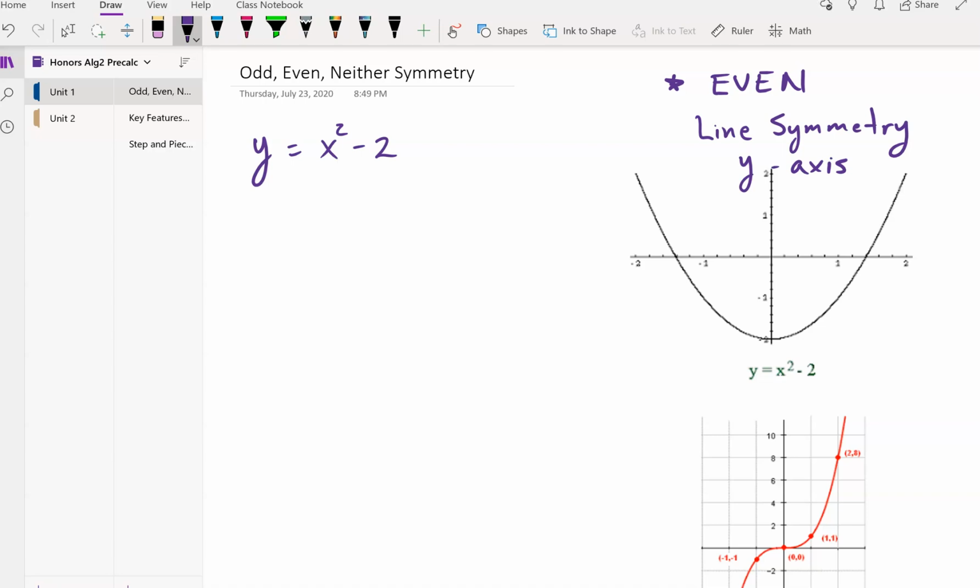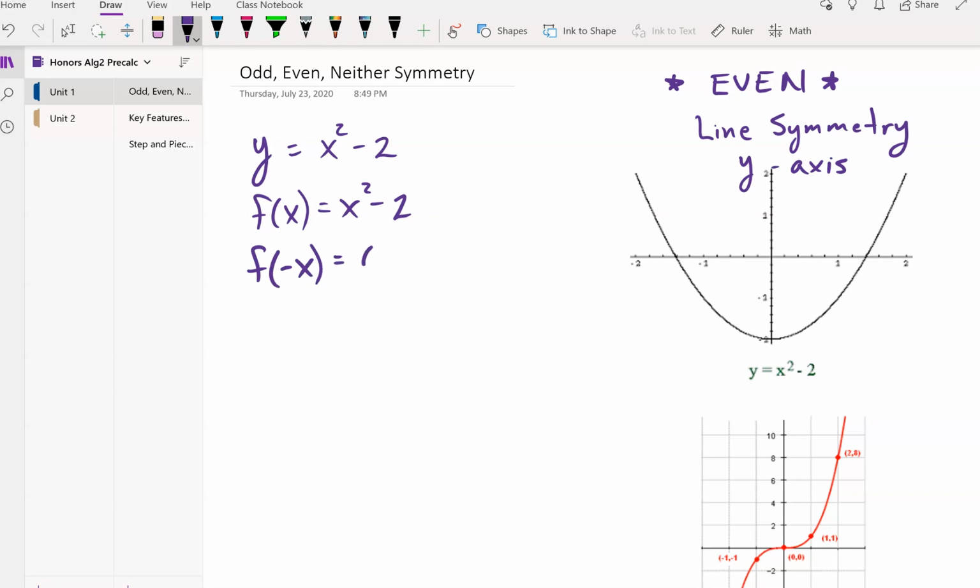Now the other way that you can determine that a graph has even symmetry is to take your function, which in this case is f of x is equal to x squared minus 2, and evaluate that function at a negative x.